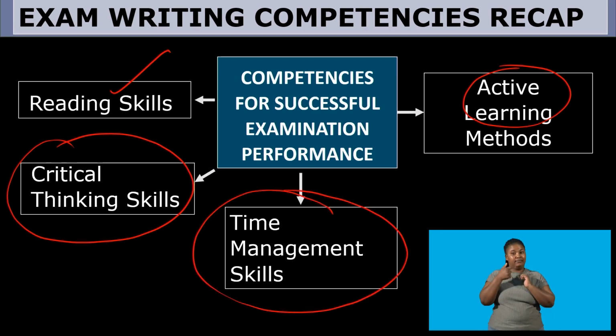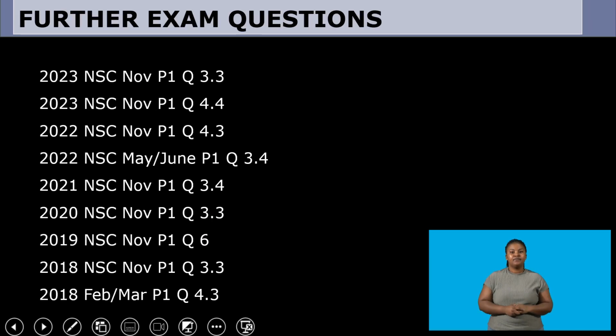Very crucial once again for you to be able to finish the exam in time. For further practice, you can go through these past NSC exam question papers. They give you more practice on the questions based on regional development.